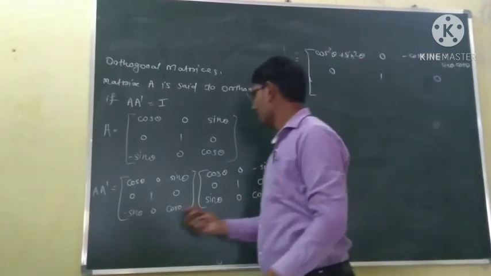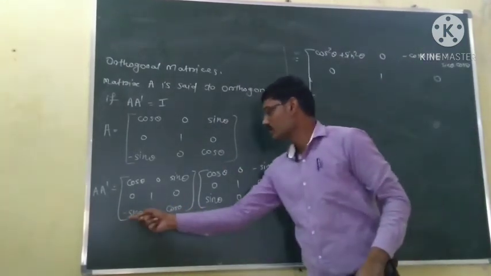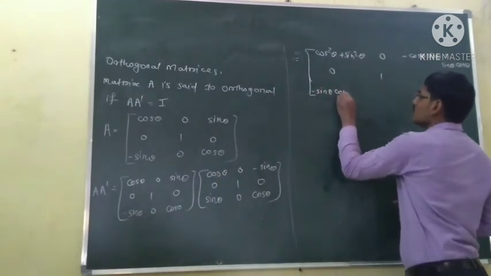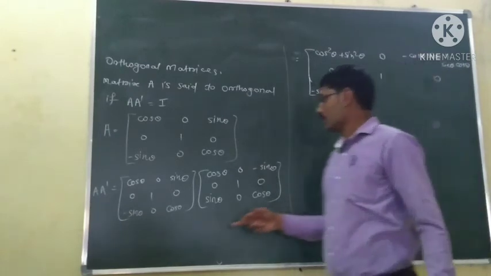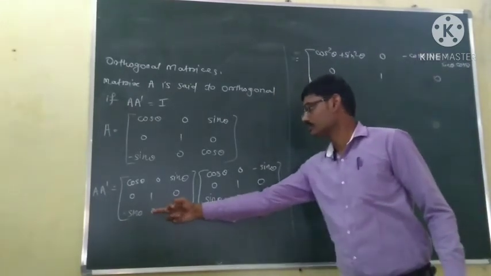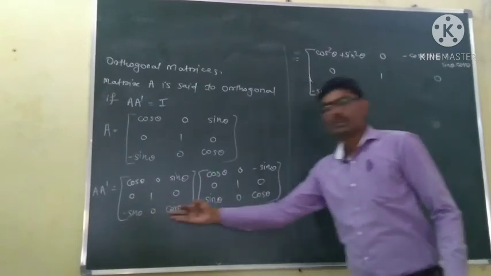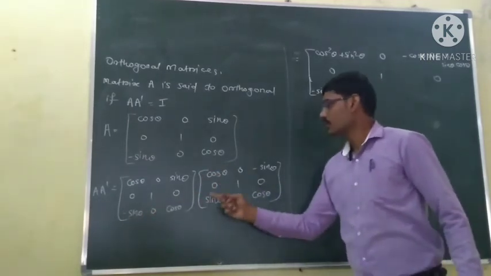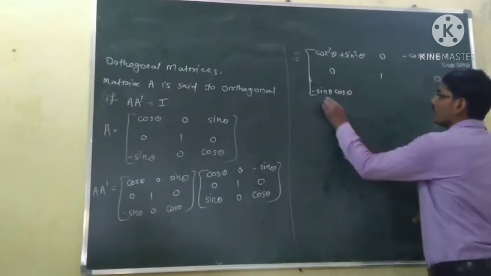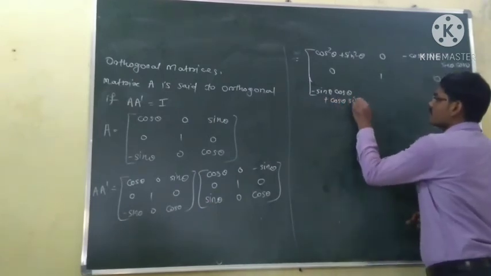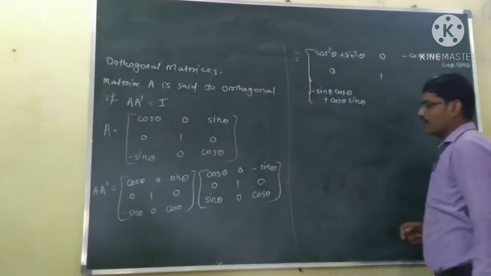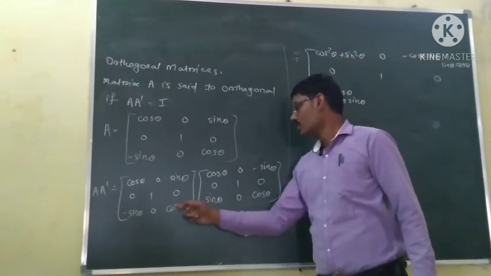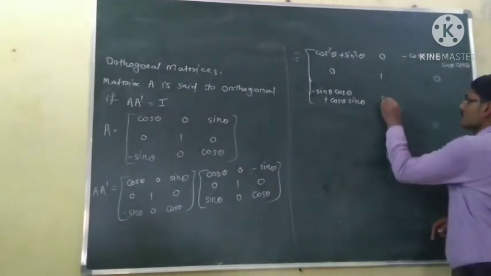Now third row, first column: minus sin theta into cos theta, plus 0 into 0, plus cos theta into sin theta. Then third row, second column: sin theta into 0 is 0, 0 into 1 is 0, cos theta into 0 is 0. So it is 0.